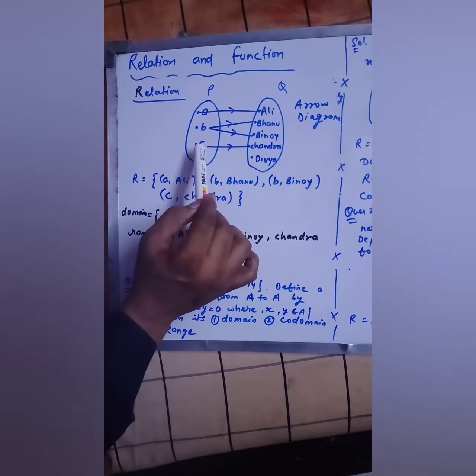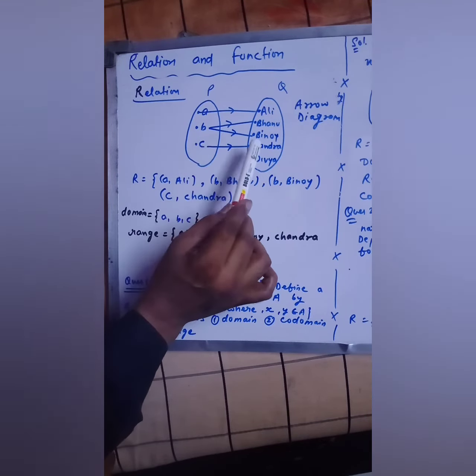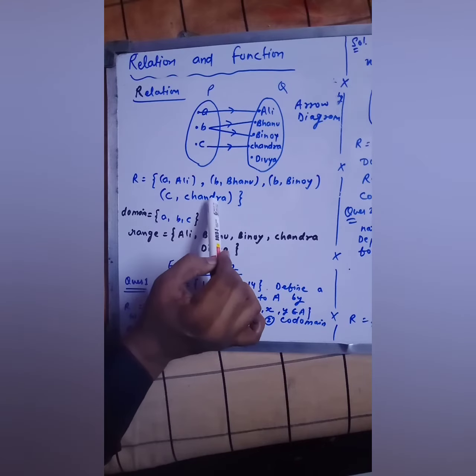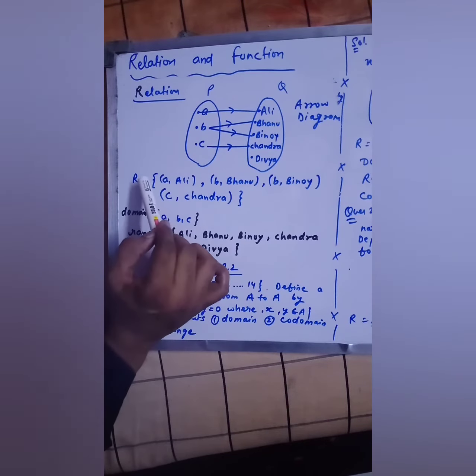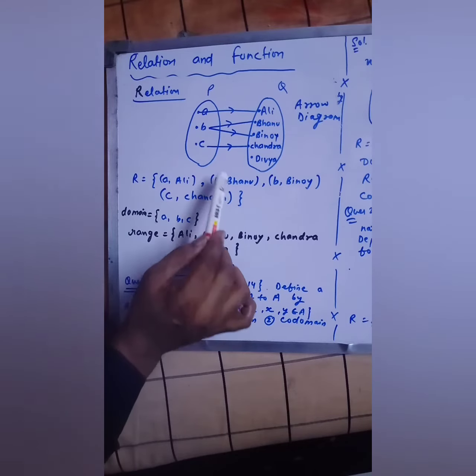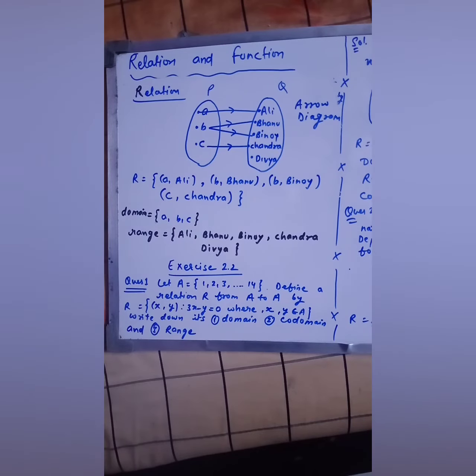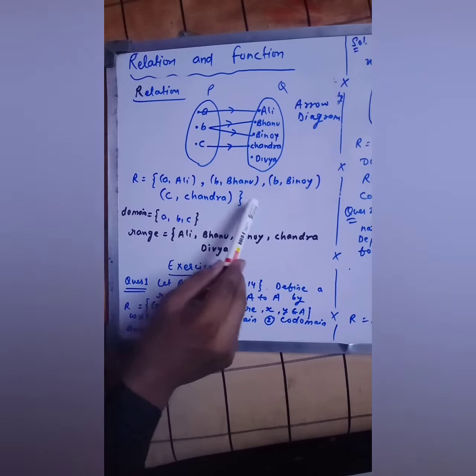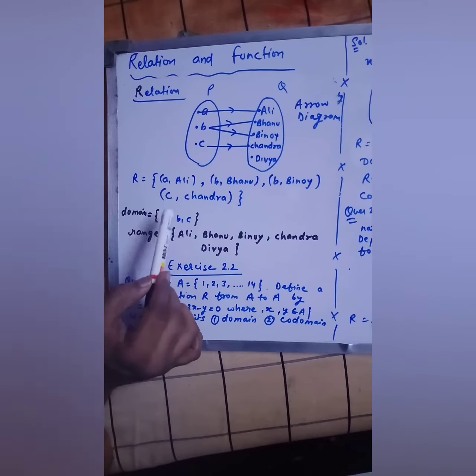And last will be C, which belongs to Chandra, so C comma Chandra. You put all of them within a set. This is called the relation between P and Q. Got it? So this is a relation.